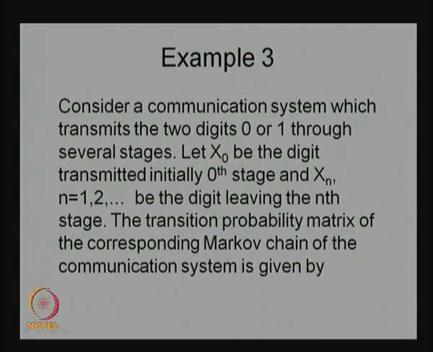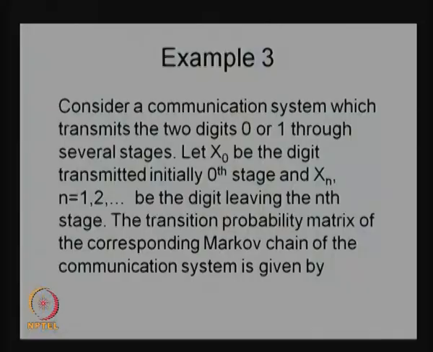Therefore, the state space is {0, 1}. The way the subsequent transmission takes place depends only on the last transmission, not the previous stages. Therefore, you can assume that this follows the Markov property. Therefore, this stochastic process is called a discrete time Markov chain.